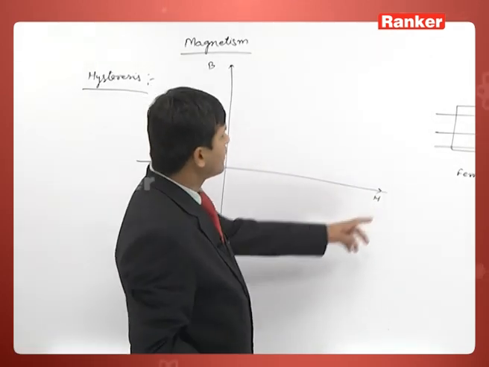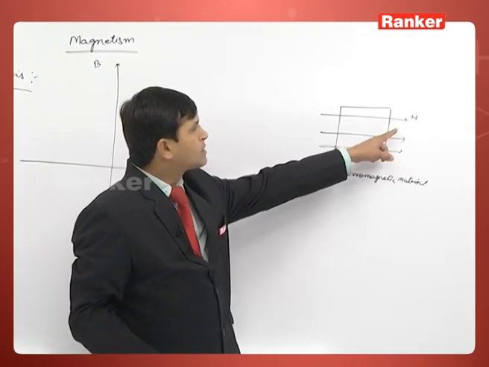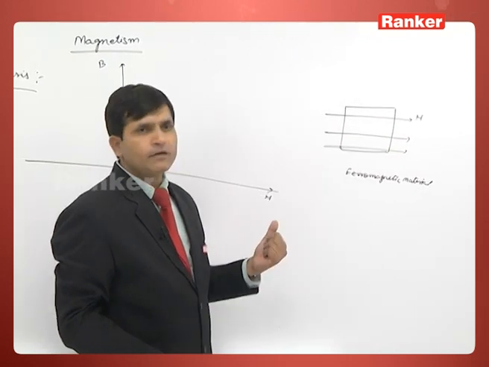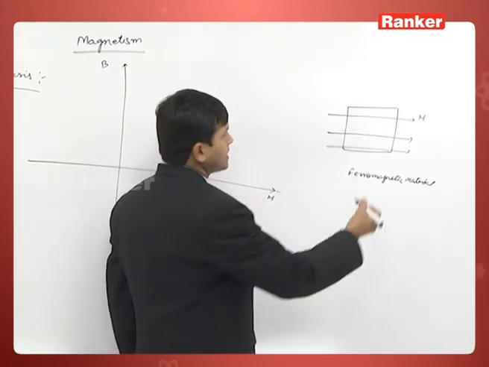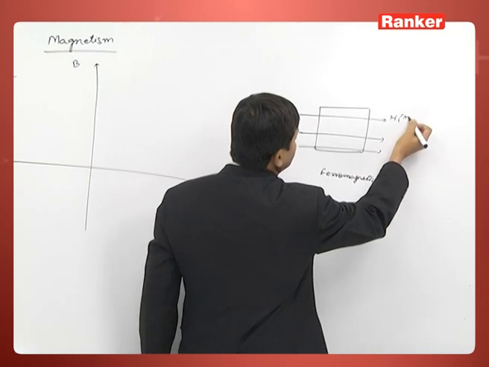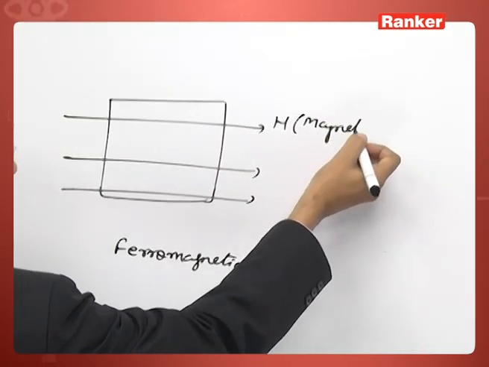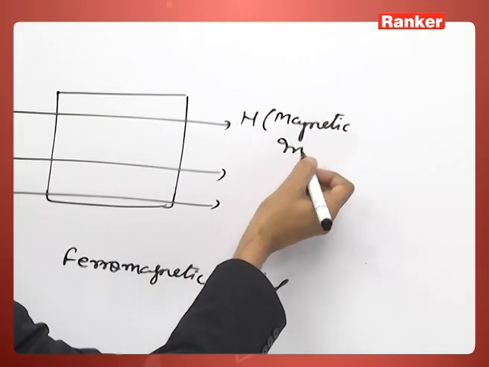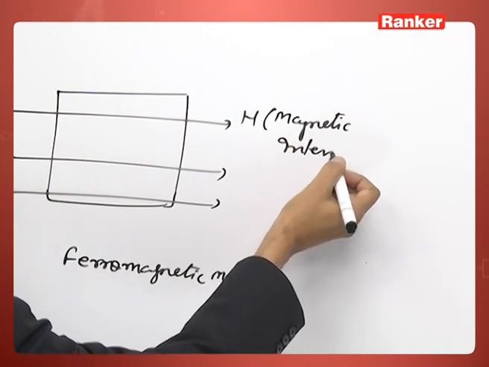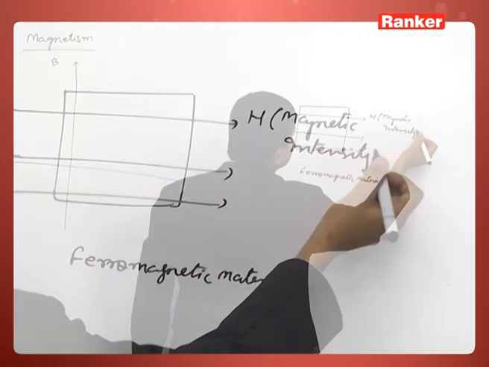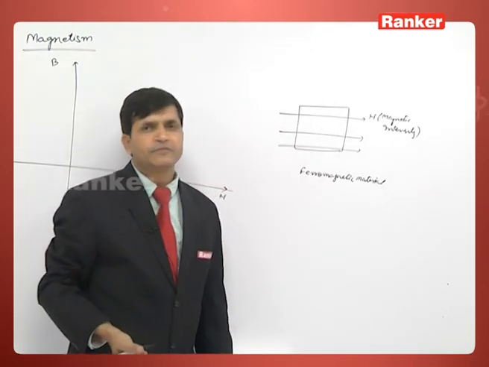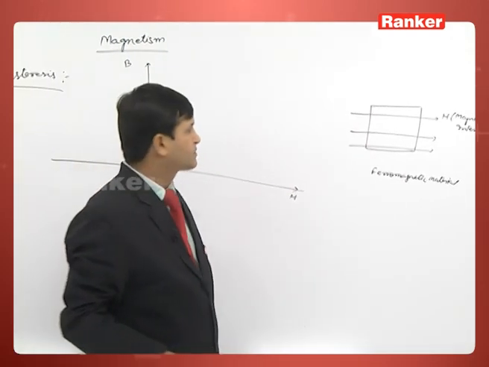So what has been found? H is the magnetic intensity. The magnetic intensity means the external magnetic field which we are applying here.